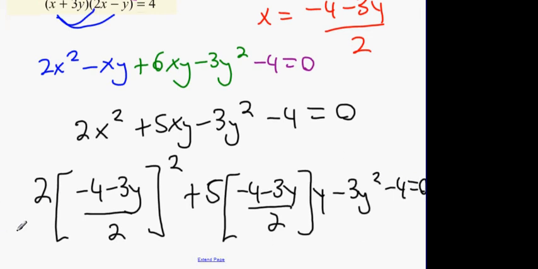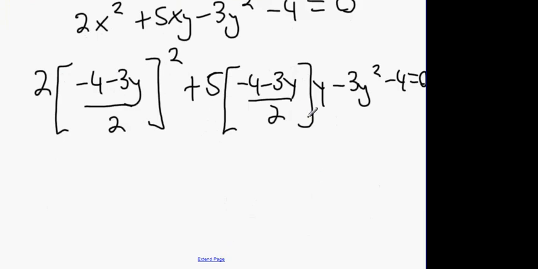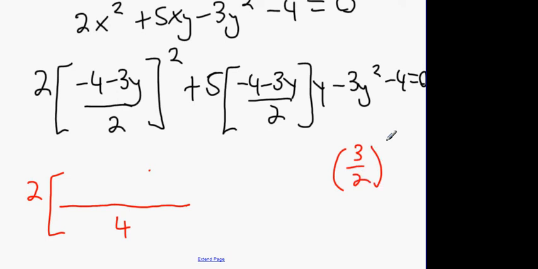Now, it might be worth your while, it's going to be 2 brackets. On the bottom has to be the number 4. Why does the number 4 have to be on the bottom? 2 squared is 4. Remember, when you square a fraction, you square the top and you square the bottom.